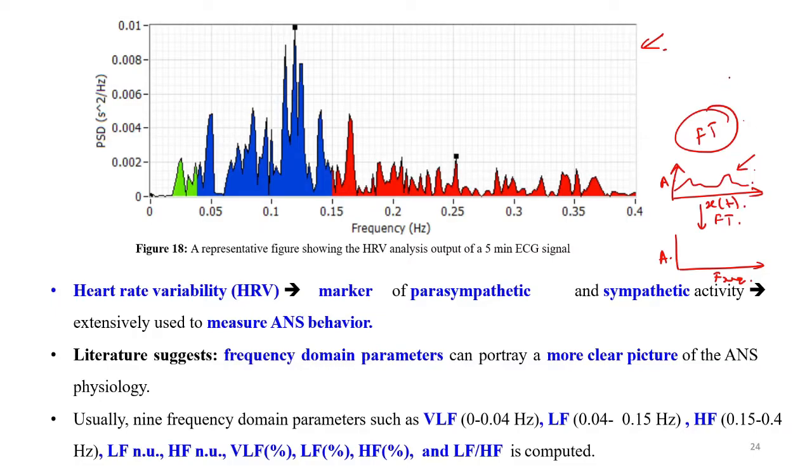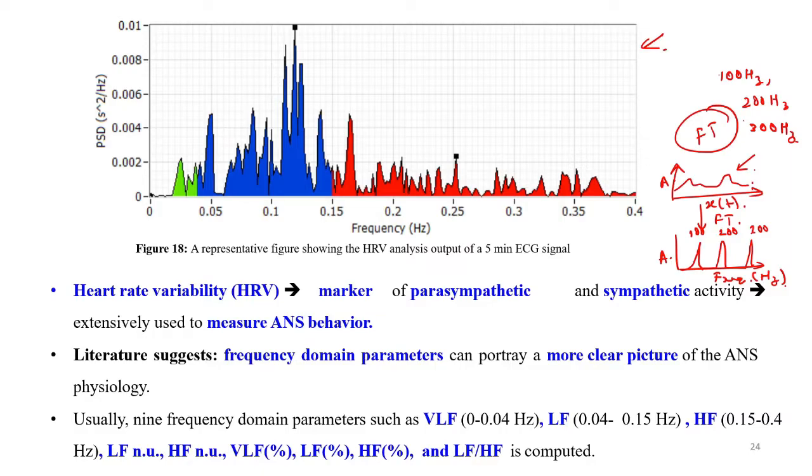Suppose this signal is made up of 100 hertz, 200 hertz, and 300 hertz sine components. Now, in the frequency domain, we will be able to get peaks at 100, 200, and 300 hertz.